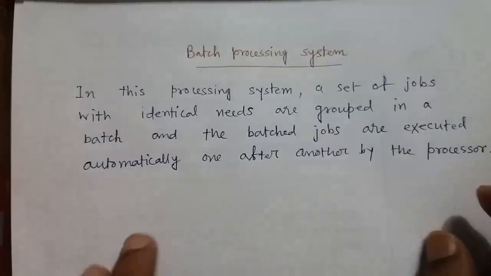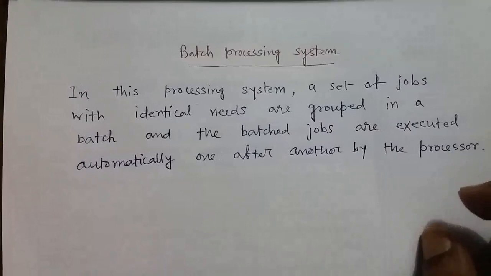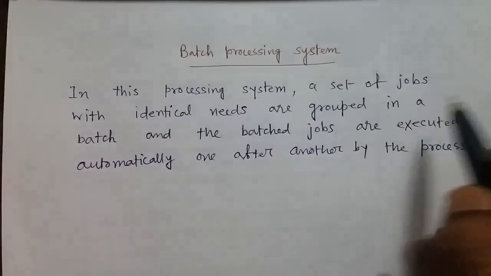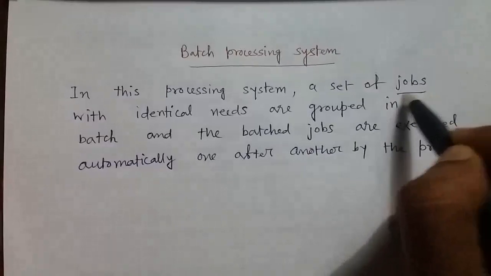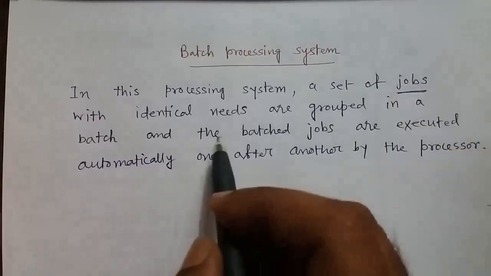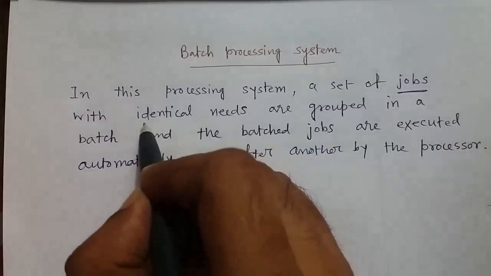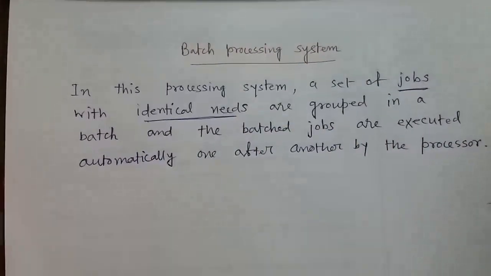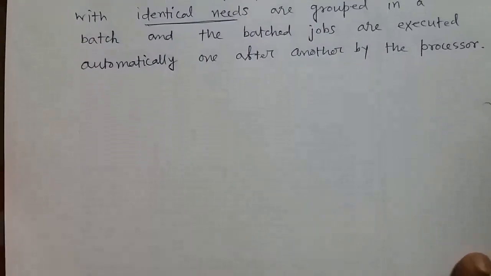So from this definition, I want to highlight two words. Number one is jobs, and the second one is identical needs. So at first let me tell you what is jobs.